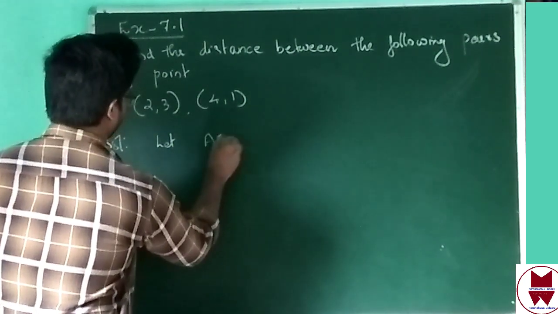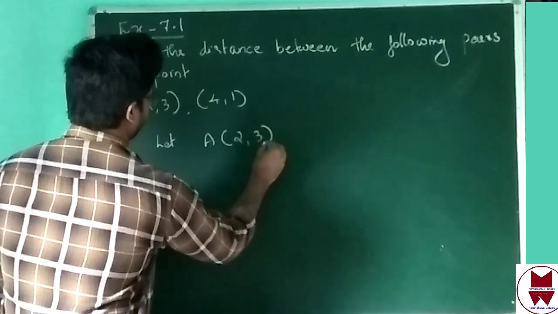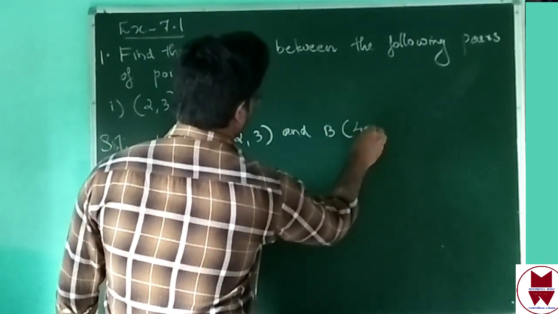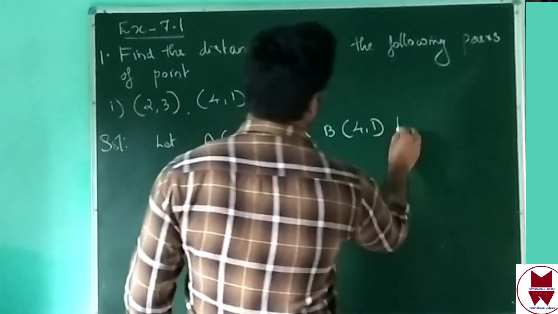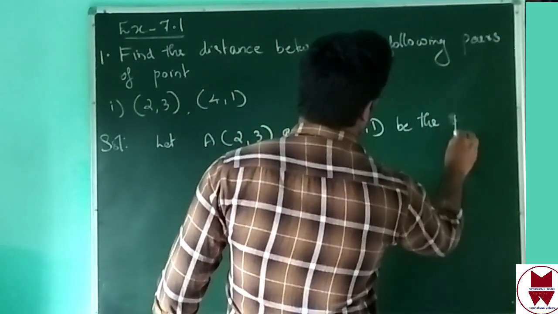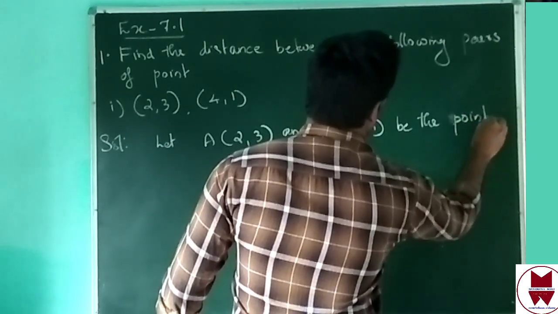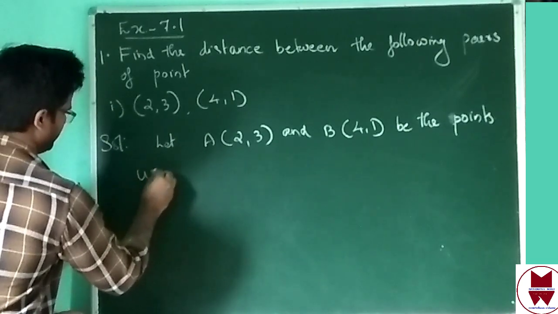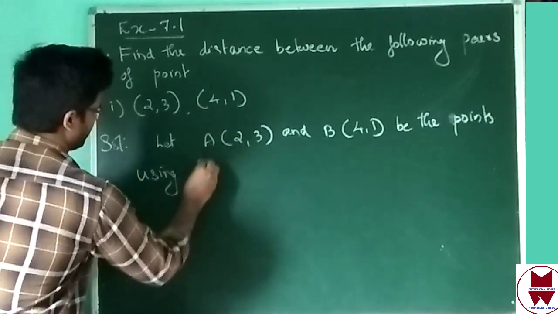Let A be 2, 3 and B be 4, 1. I just gave 2 names, A and B, using the distance formula.